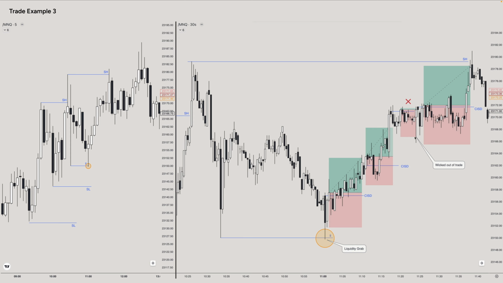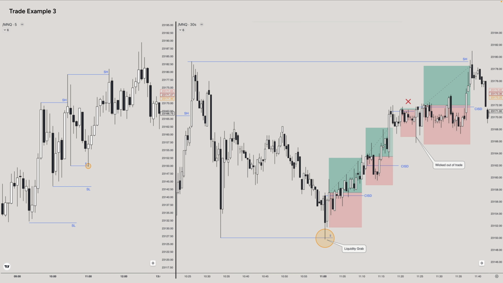We also know that price hasn't reached our 5-minute swing high yet, which is this line. So we just stick to the rules and look for the next 30-second trend pullback, which starts here, these candles. We mark out the candle body open here, and we get our confirmation here.